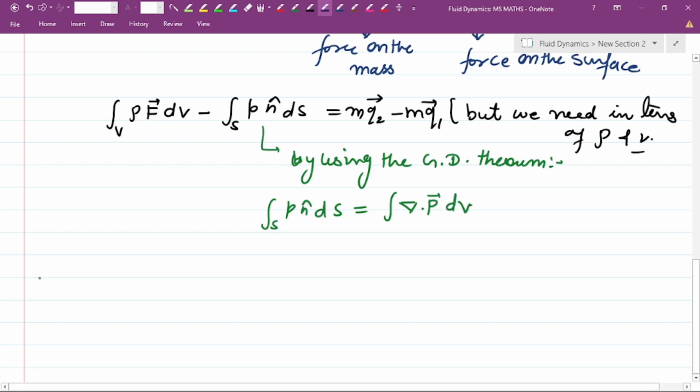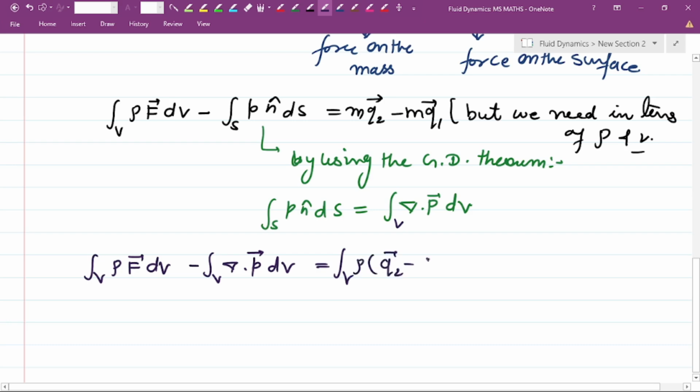Means we can write rho F vector dV minus, again a volume integration, the gradient p vector dV is equal to rho times V, and we can write this quantity as rho into q2 vector minus q1 vector dV.